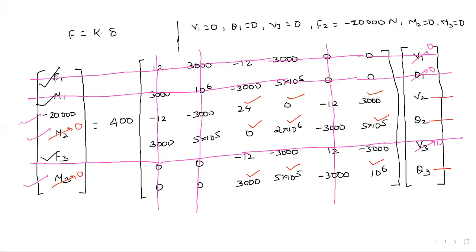So we need to calculate F1, M1 and F3. The M2 and M3 values are already given as 0. We know all the values, so by putting those in, we can calculate F1, M1 and F3.